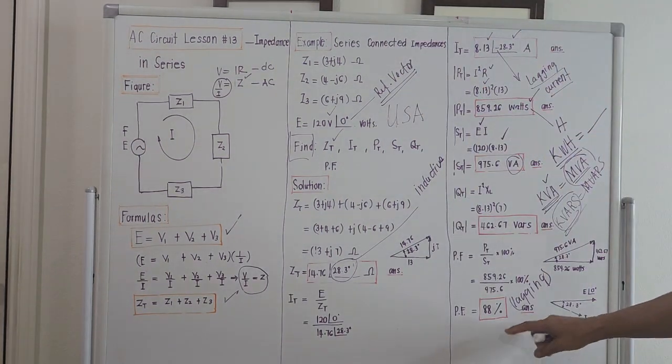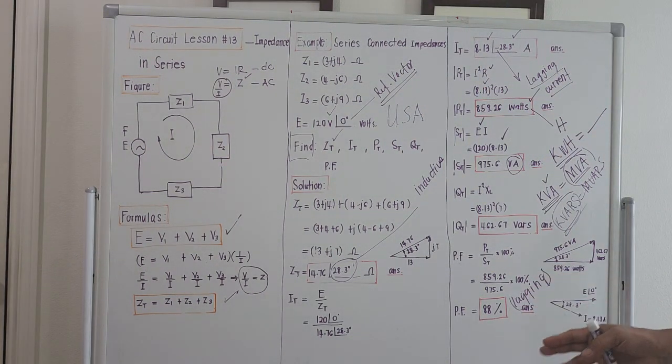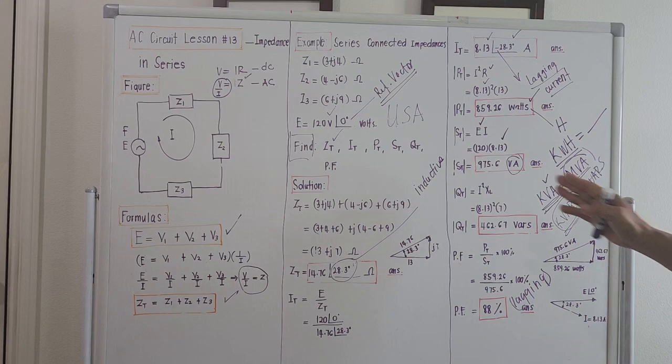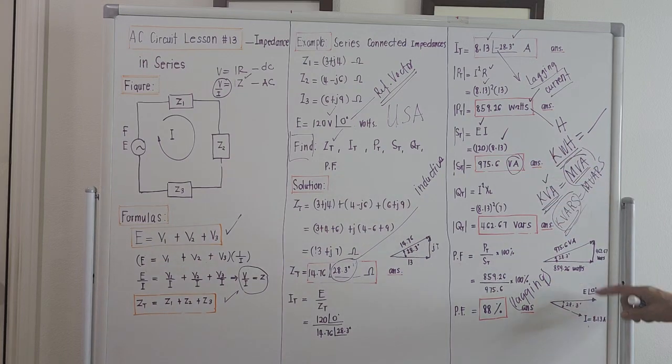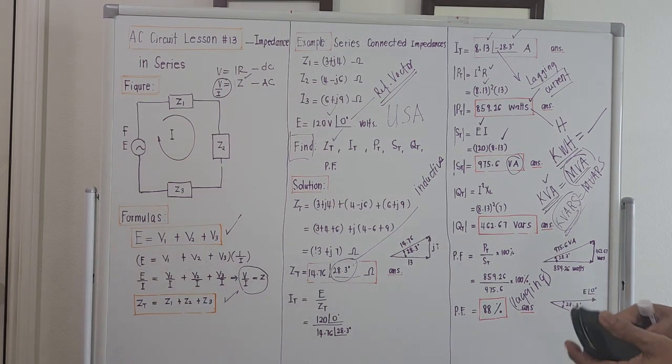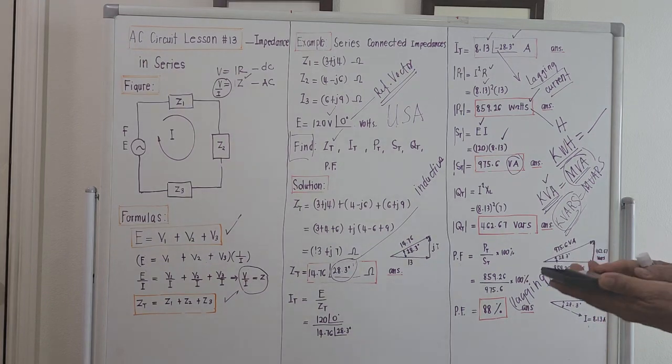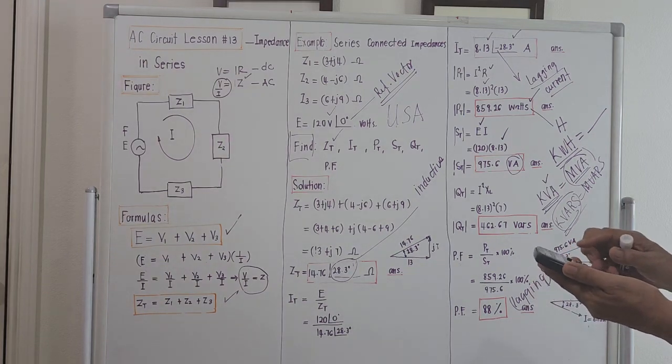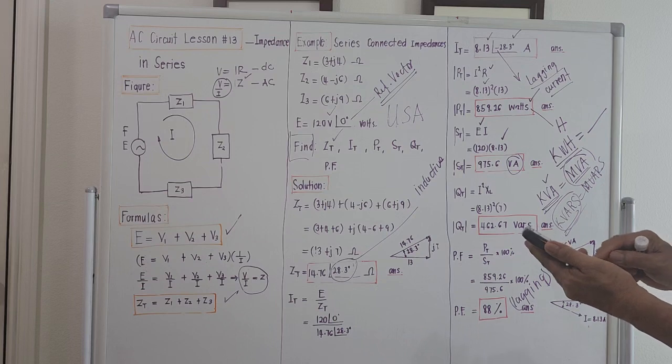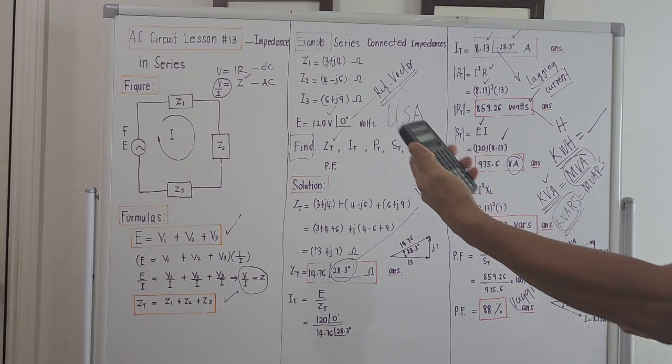Okay, if you want to, where's my calculator? To check this 88%, one of the definitions of power factor is that it will be the cosine of the angle between the voltage and current. And the angle between the voltage and total current is 28.3. So if you get your calculator, 28.3, this should be in degrees.